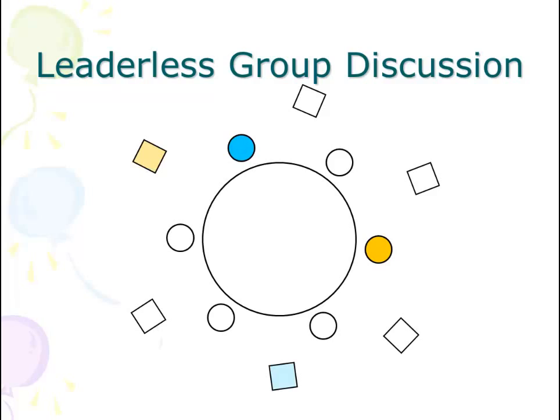So you can see the boxes represent video cameras that are pointed towards people across the table. The light blue one is pointed at the blue circle and the yellow one is pointed at the yellowy-orange circle there. Applicants are rated on such dimensions as analytical skill, leadership, and interpersonal skill.